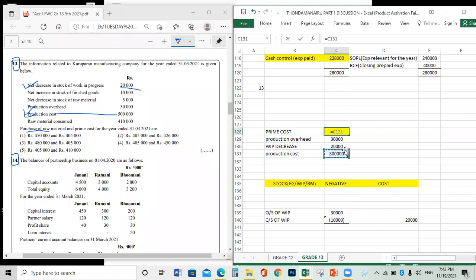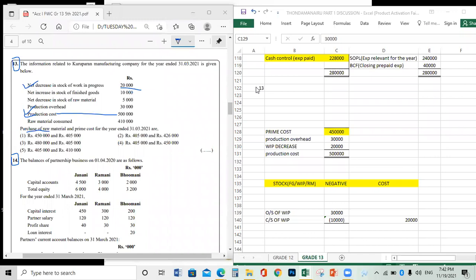So, guys, how much is the prime cost? If you go backwards, if it's addition, you should deduct. So that's going to give you 450,000. Your prime cost will be 450,000. Wait, did I do it correctly? Have they told anywhere that work in progress is measured at prime cost or something?